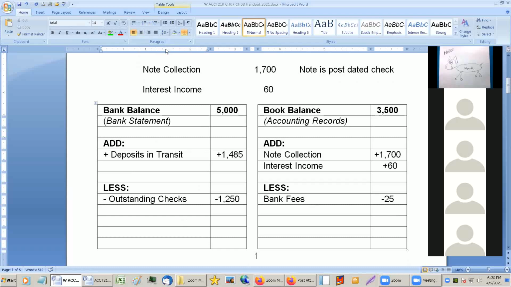And this is a time for Mr. Calculator. Okay, so we're going to add up the bank side first. $5,235.